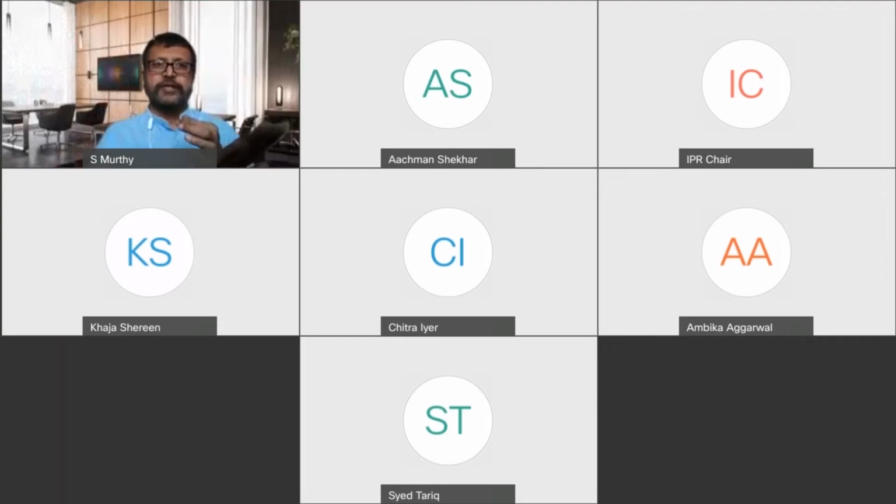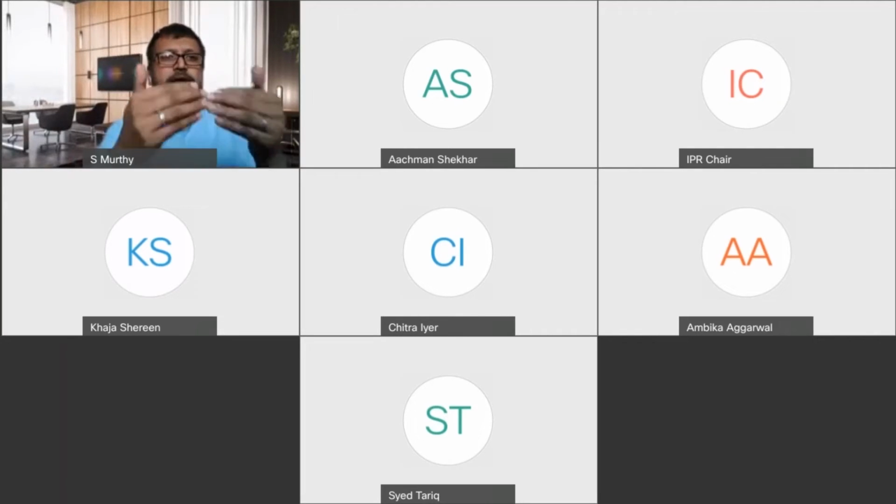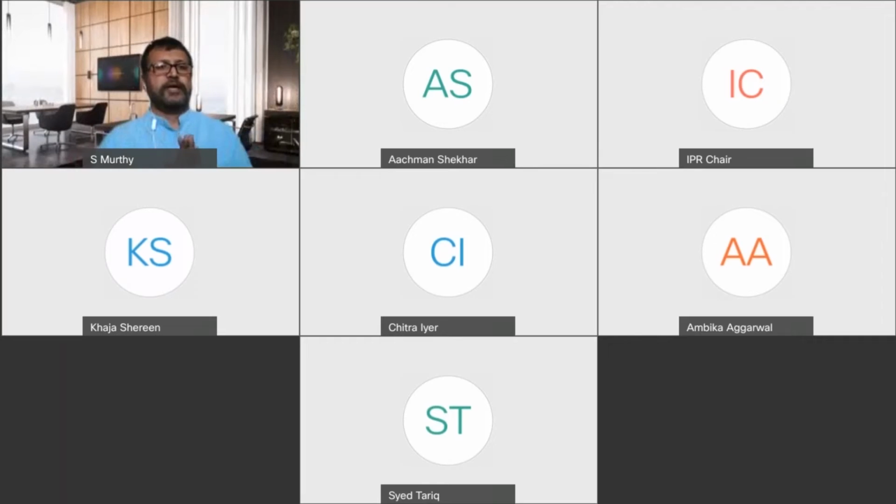And anybody who walks into my doors seeking a license for these standard essential patents should be granted a license, right? First thing is to say yes. Yes, I am ready to grant a license.